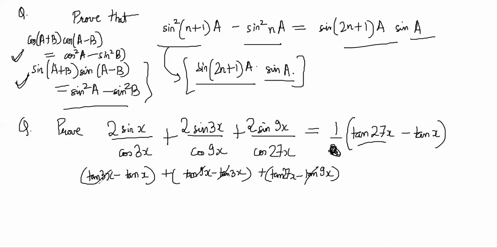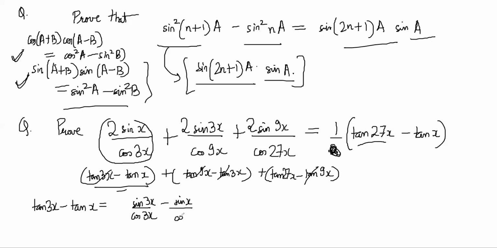So I am going to now check, can this thing be tan 3x minus tan x? What is the value? Sin 3x by cos 3x minus sin x by cos x, right? This is sin 3x cos x minus sin x cos 3x over cos 3x cos x.